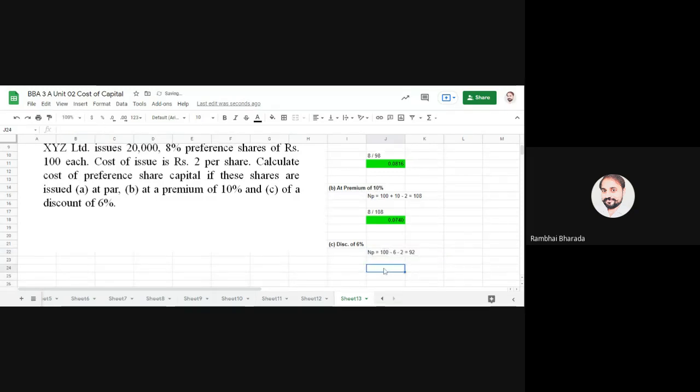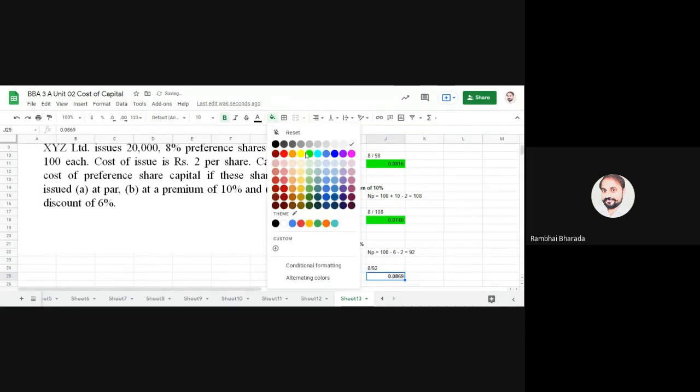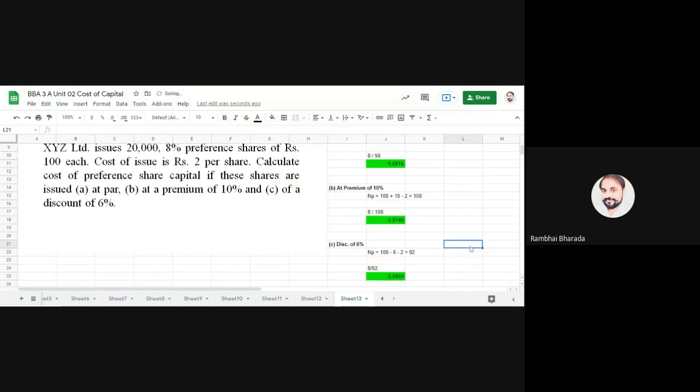Now put the values, 8 divided by 92, and you will get the answer 0.0869. Are we clear about this calculation?